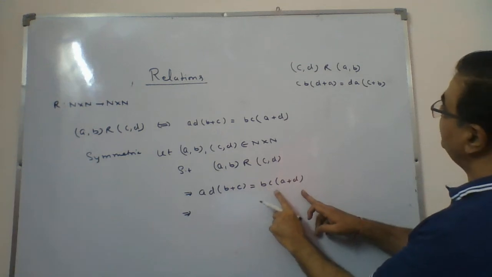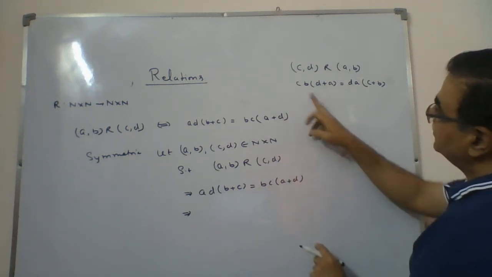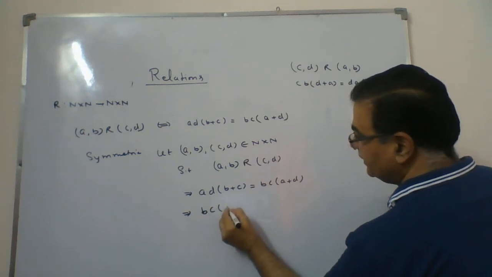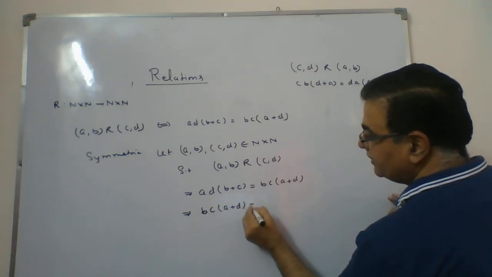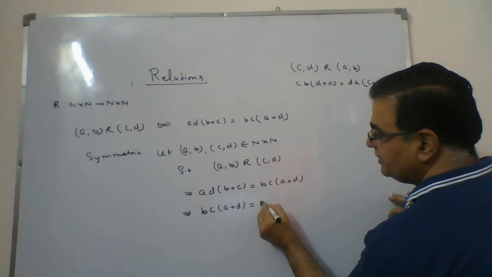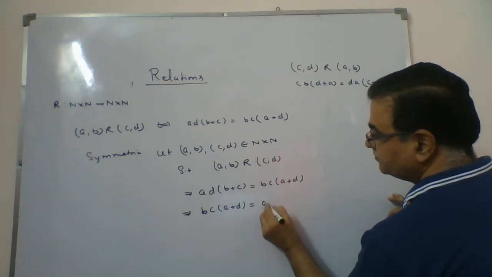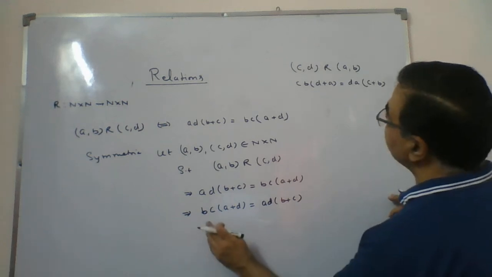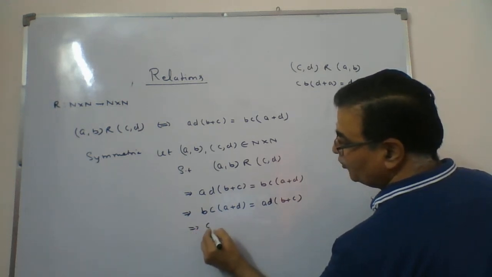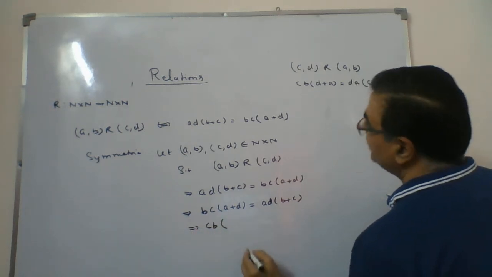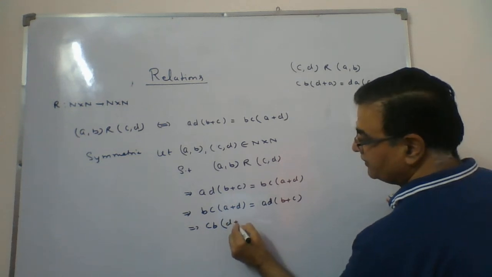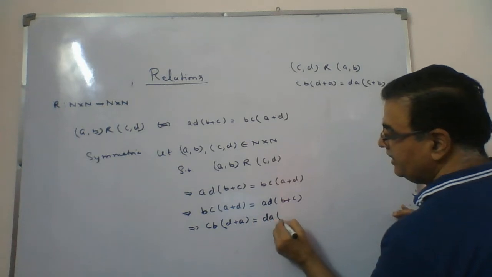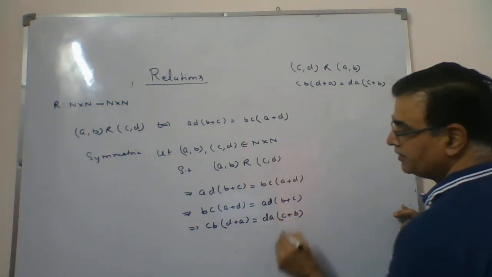BC into A plus D. So this term I'll take this side first, BC into A plus D. Then here it is AD into B plus C. BC you can write as CB, no problem. And this you can write as D plus A. And AD can be written as DA, and this will be C plus B.